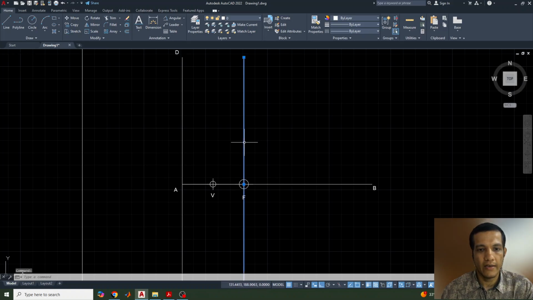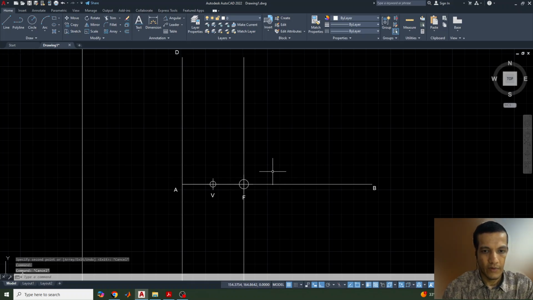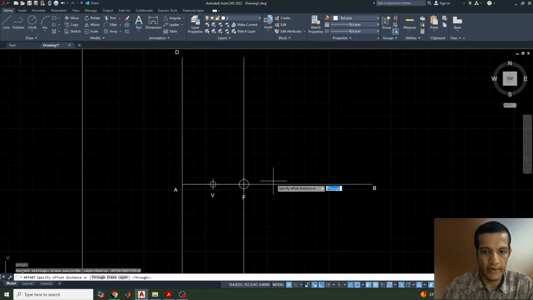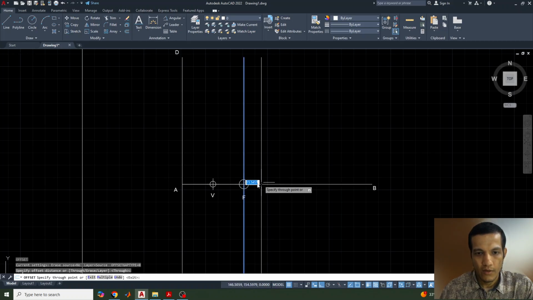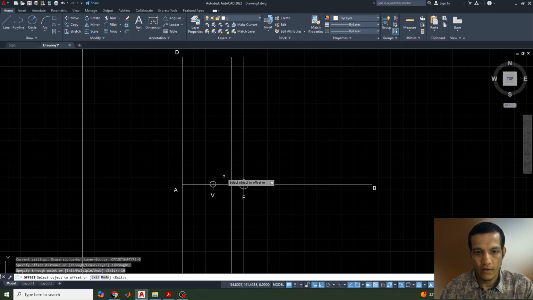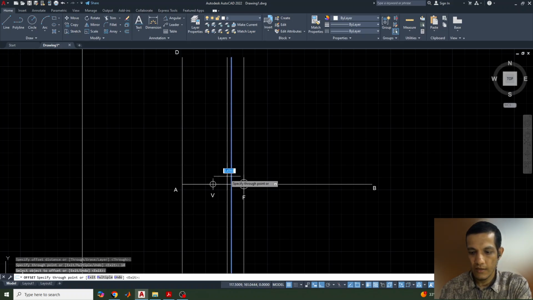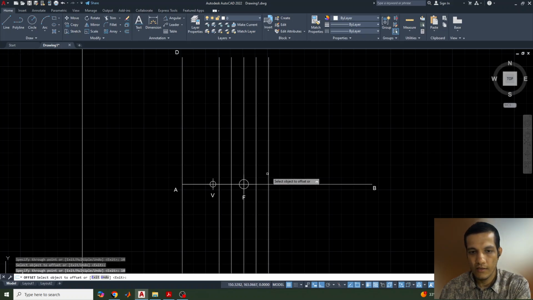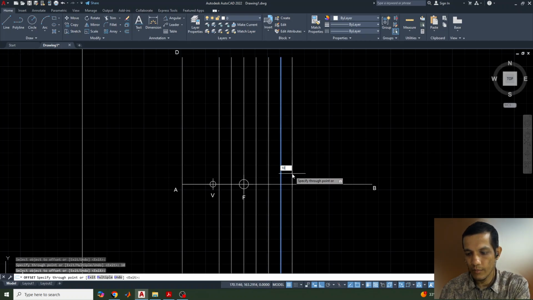Similar kind of line, I can do a number of lines on both sides. So I'll select this line and offset, O, enter, and it is asking for the distance on this side, 10. Then select the offset object again, 10, some distance we can give, and we can draw some arbitrary lines. There is no compulsory bound on this, so we can draw any number of lines.